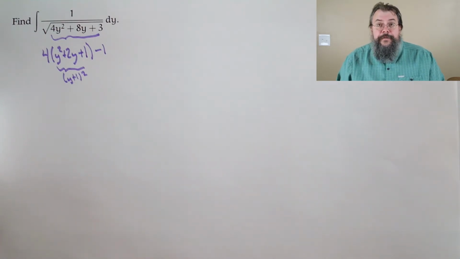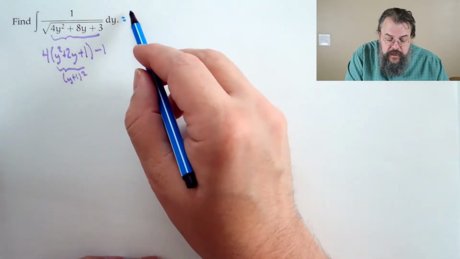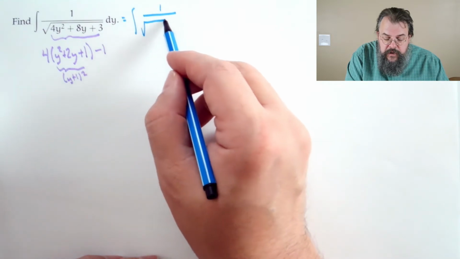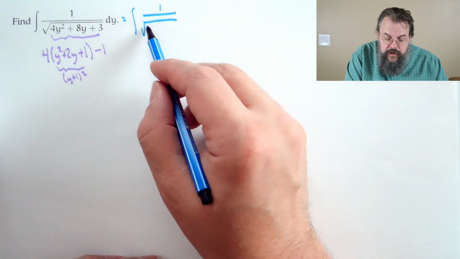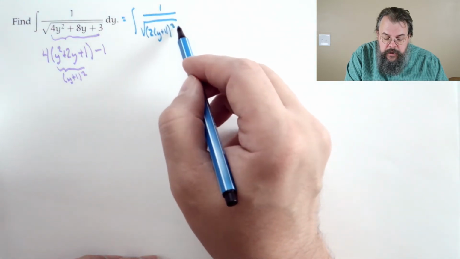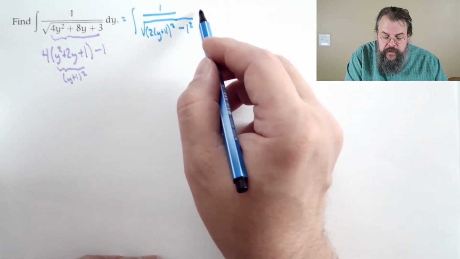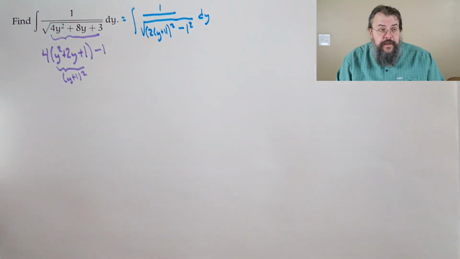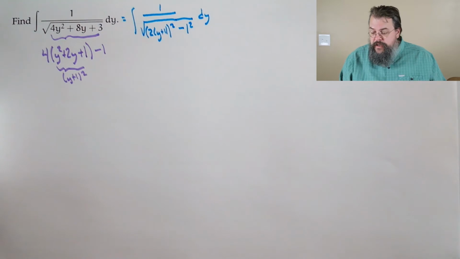So it's of the right form. This has become the integral of 1 over the square root. We could even put in the 4 as a 2 squared. So it's 2 times y plus 1, squared, minus 1 squared. All right. Well, now we start thinking, what's the right kind of substitution that we should be making here?